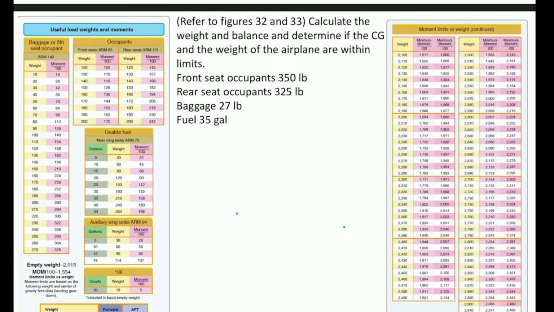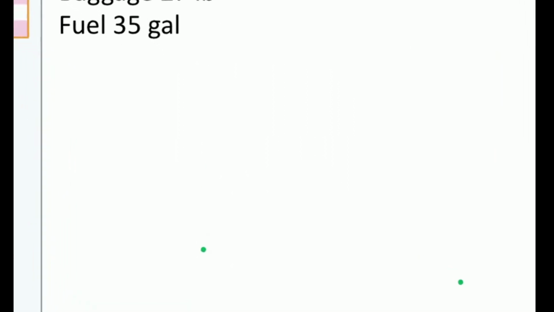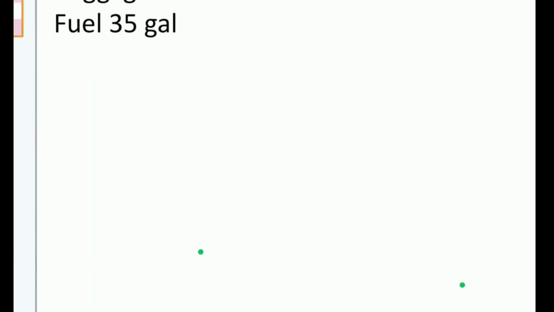So the empty weight, and I'll show you how we set this up. Weight, arm, and the moment.